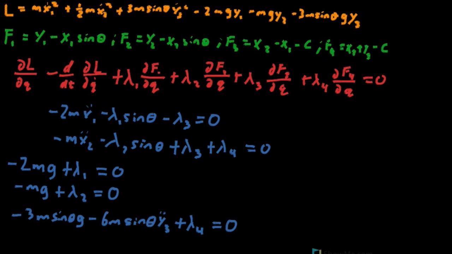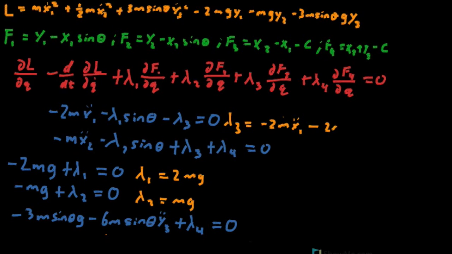The first thing we do is simplest. We just solve equations 3 and 4 for lambda 1 and lambda 2. So lambda 1 equals 2mg, and lambda 2 equals mg. With this information, we can use equation 1 to solve for lambda 3, so we get lambda 3 equals minus 2m x1 double dot minus lambda 1 sine theta, which is 2mg sine theta. With that, we can use equation 2 to solve for lambda 4, which looks something like this.